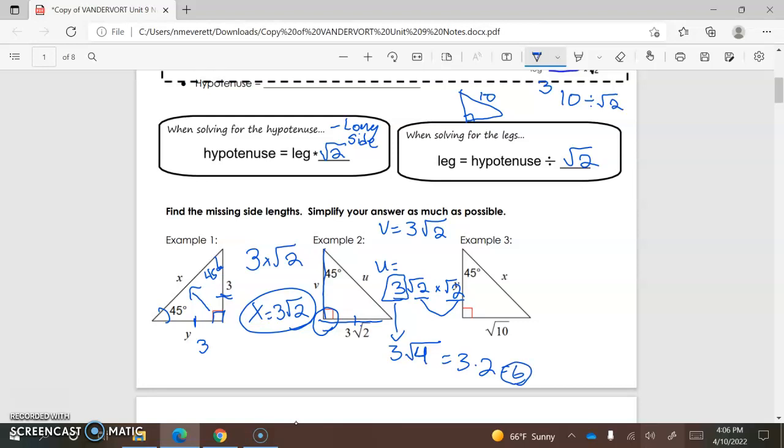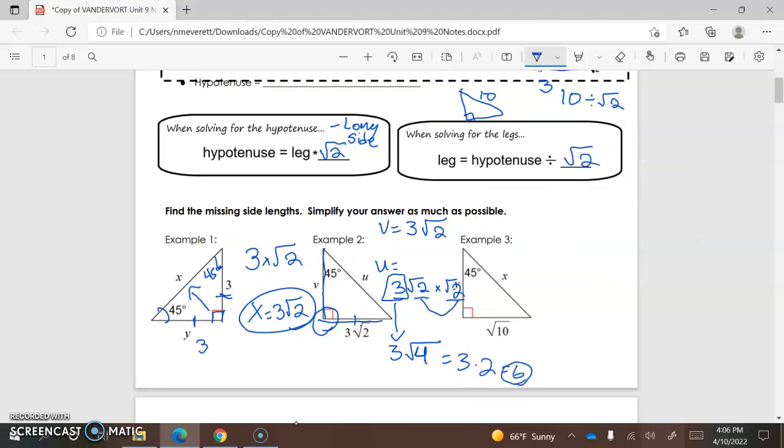Alrighty. Now, example number 3. This right here, the square root of 10, that is the leg. So I have y, and I got x. Y, which is this right here, it's kind of covered up, so I apologize for that. So y is the same as this other leg, because again, these sides are touching this 90 degree angle. So y is going to be the same as this, so square root of 10.